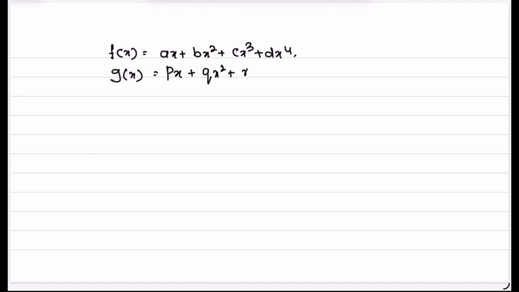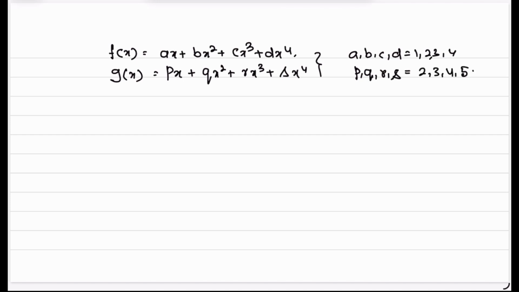From a simple function of f(x), ax plus bx square plus cx cube plus dx to the power of 4, and g(x), px plus qx square plus rx cube plus sx to the power of 4, where a, b, c, d are 1, 2, 3, 4 and p, q, r, s are very simple values, not complicated, 2, 3, 4, 5 only, for integers.